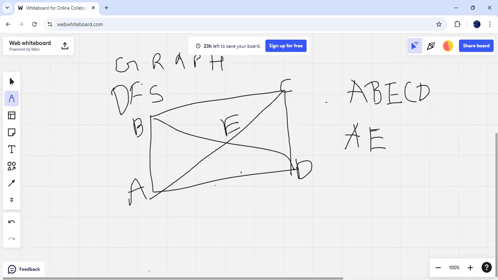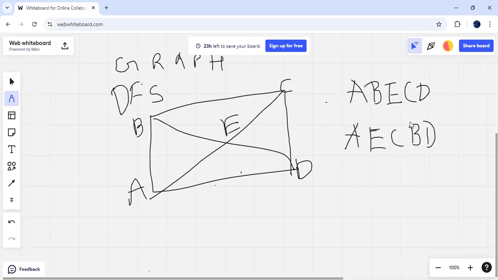And for E, we are having adjacent vertices B, C, and D. So instead of B, we'll be taking here C. And adjacent vertex for C is B. And another adjacent vertex for C is D.